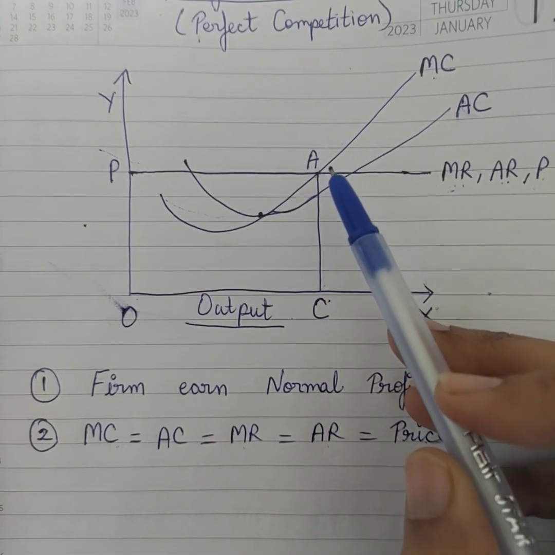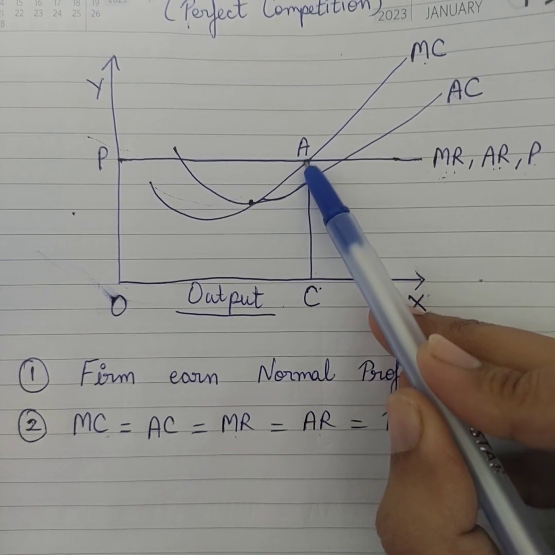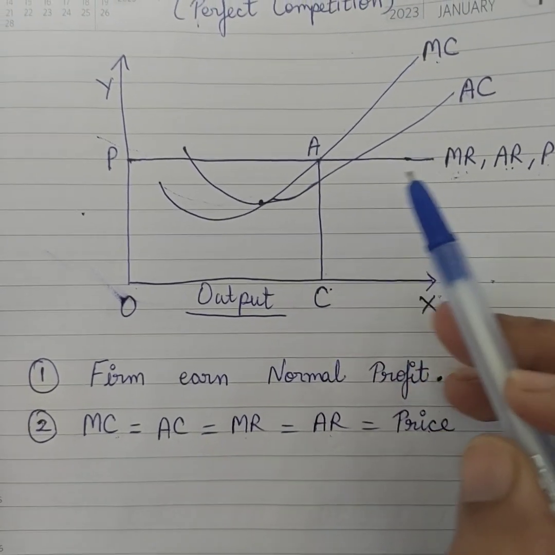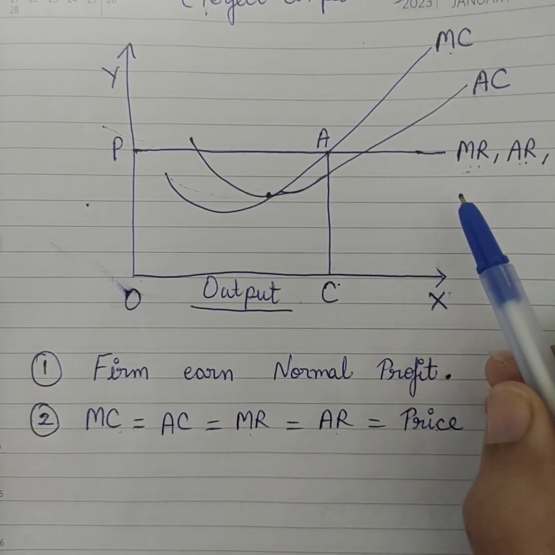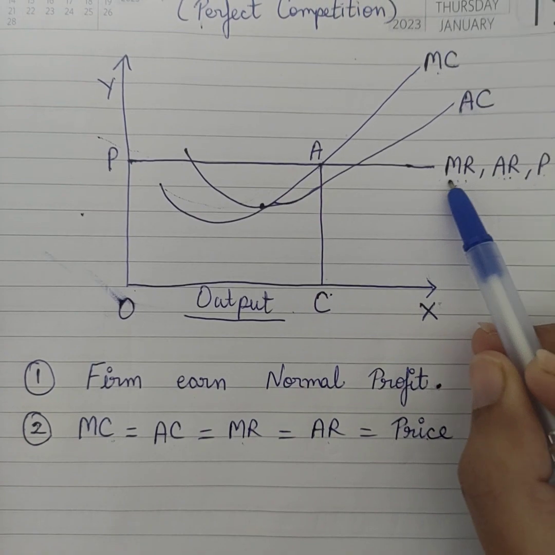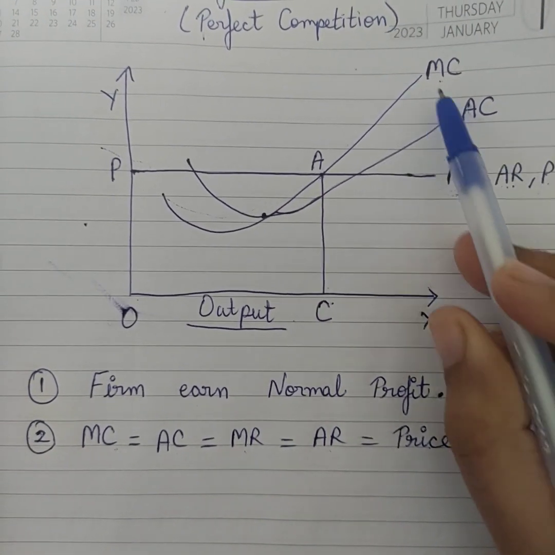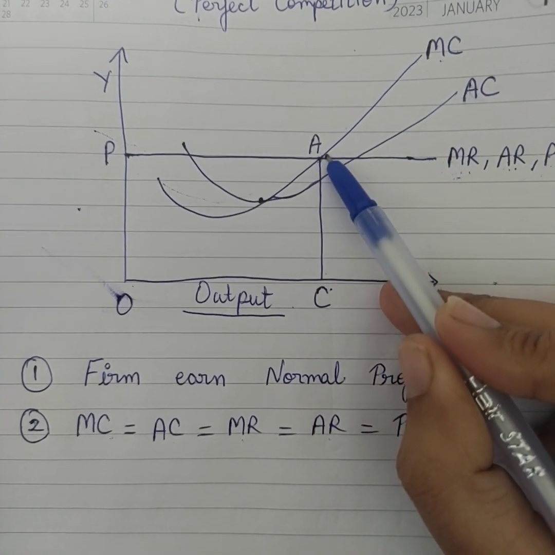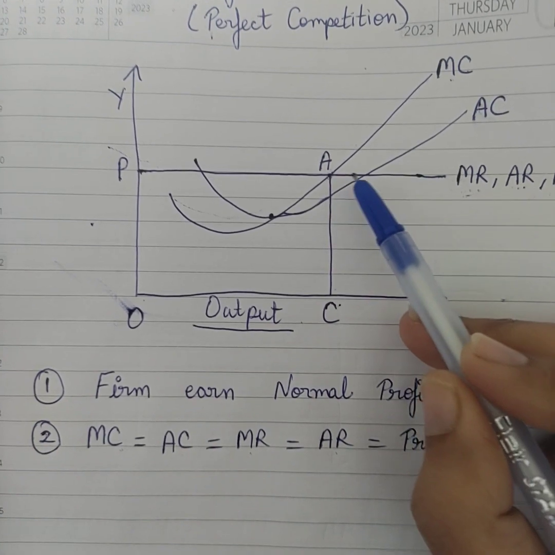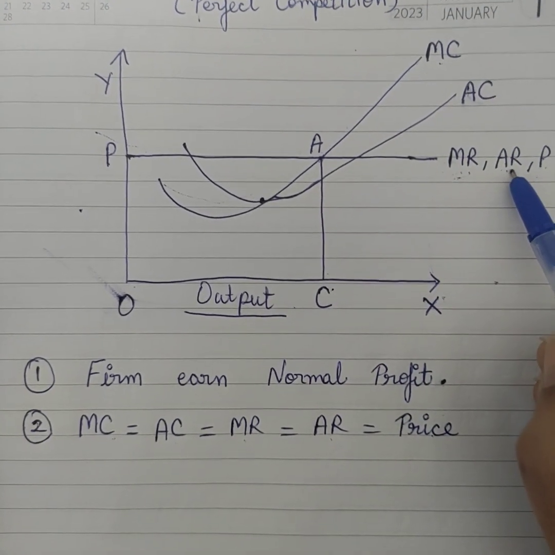In long term equilibrium, both conditions are met at this point, point A. Since average revenue is equal to marginal revenue, and marginal revenue is equal to marginal cost at this point, we can say that marginal cost is equal to average revenue.